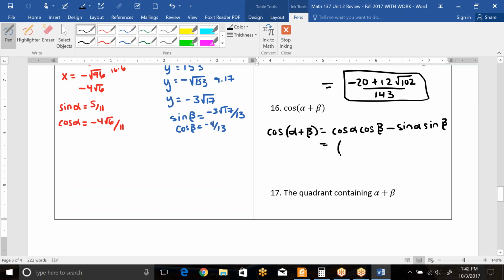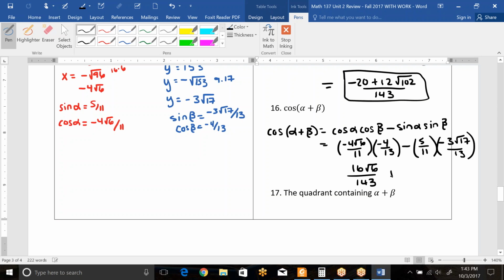This would be cosine alpha is negative 4 square root of 6 over 11. Cosine of beta is negative 4 over 13. Minus sine of alpha is 5 over 11. Sine of beta is negative 3 square root of 17 over 13. This time we get positive 16 square root of 6 over 143.